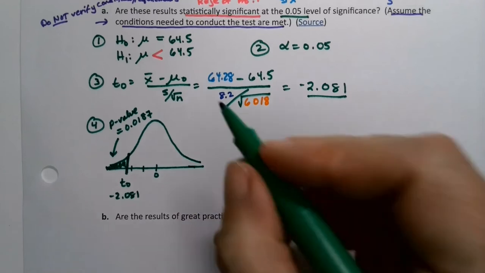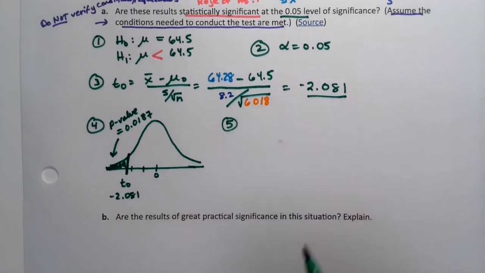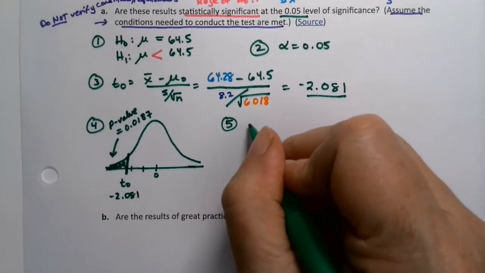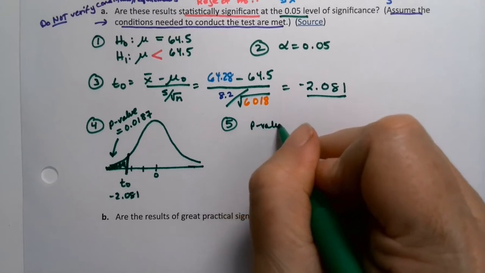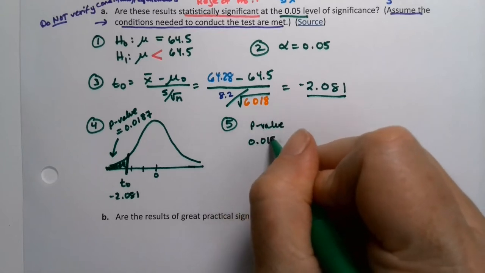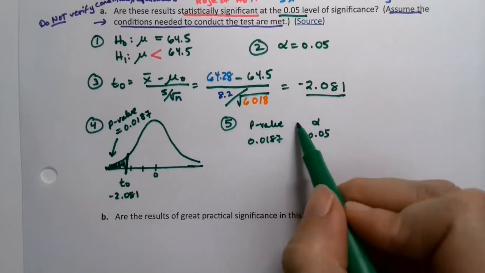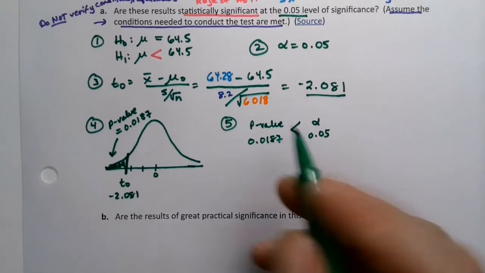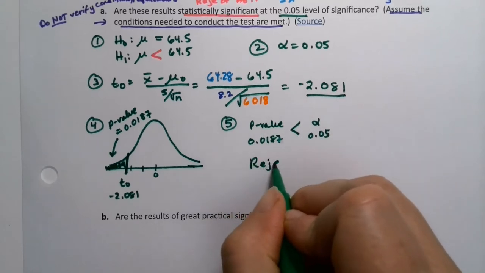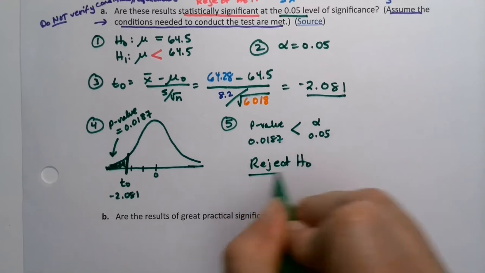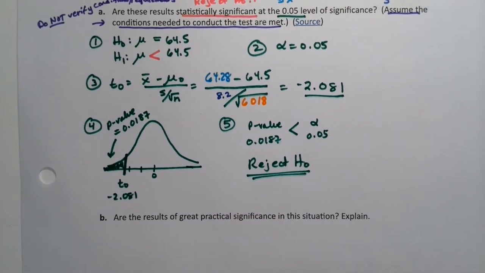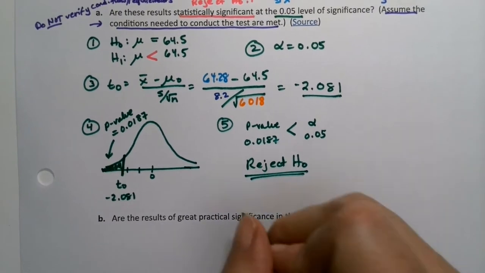Step 4 is done. Step 5, we need to make a decision. All right, so our p-value was 0.0187. Our alpha was 0.05. That is less than that, so we will reject H naught. So these results are statistically significant.